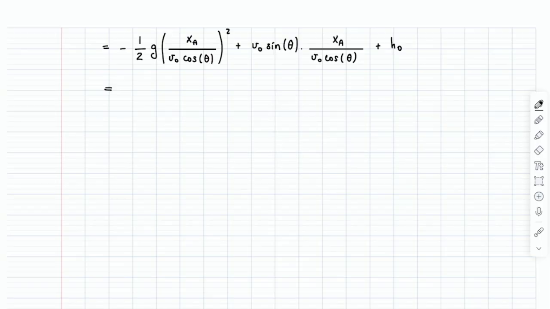It will make our life a lot easier, not just for this class, but for 8B if you have to take it. So let's do this. It's going to be minus g xa squared divided by 2 v naught squared cosine squared of theta, plus v0 goes away, sine over cosine is tan of theta times xa, plus h0.